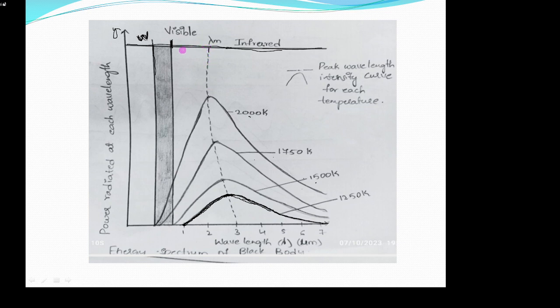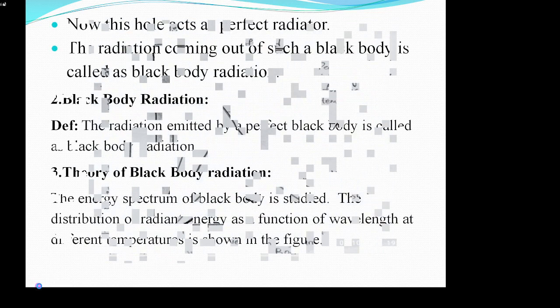As the temperature increases, lambda m decreases. So that is the next conclusion.